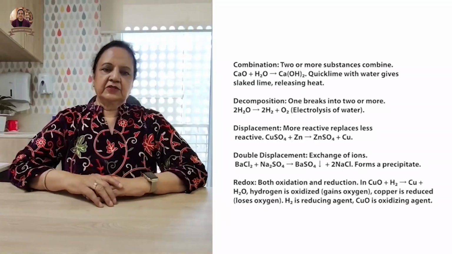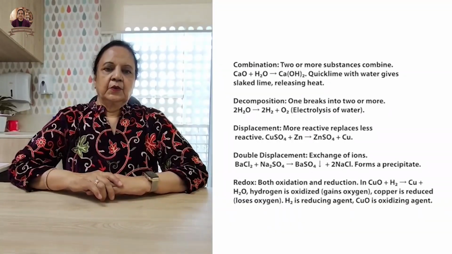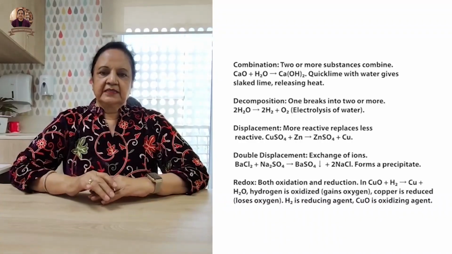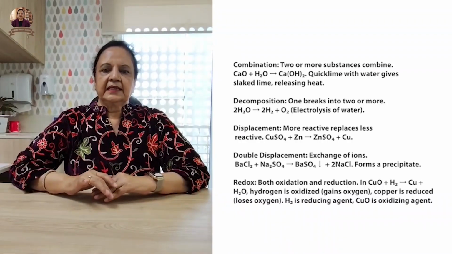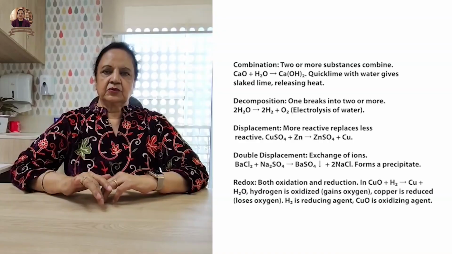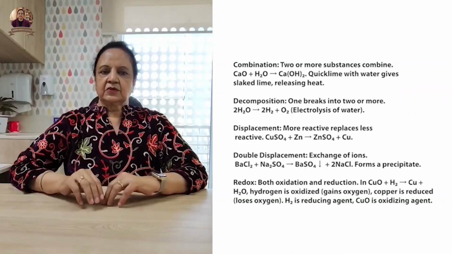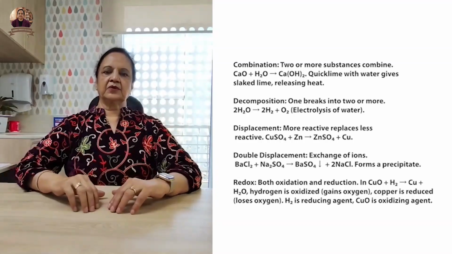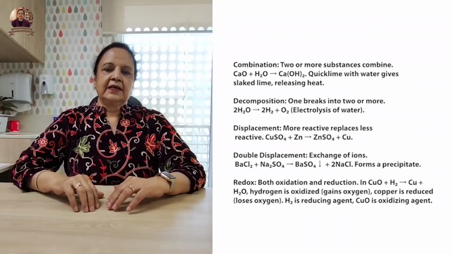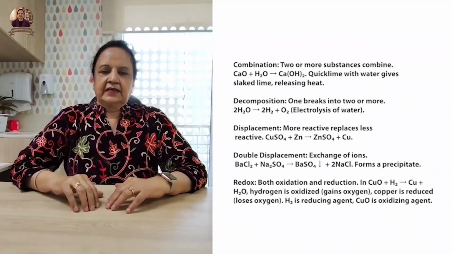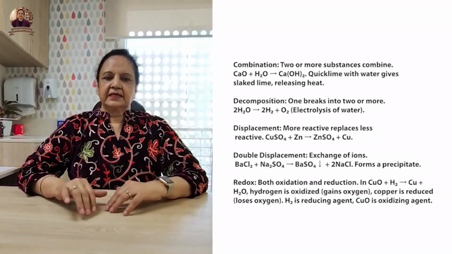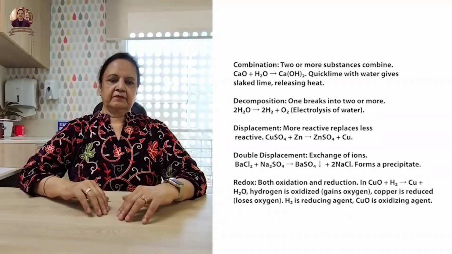Second type of reaction is decomposition. One breaks into 2 or more components. 2H2O gives 2H2 plus O2, that is electrolysis of water. Third type is displacement. A more reactive metal replaces the less reactive one, like CuSO4 plus Zn gives ZnSO4 plus Cu.